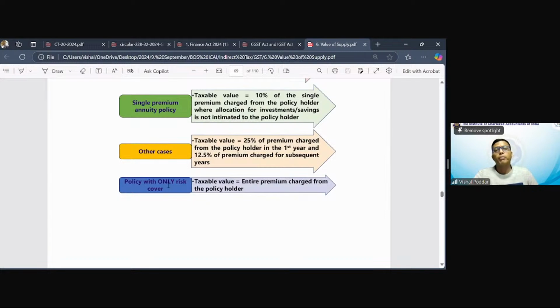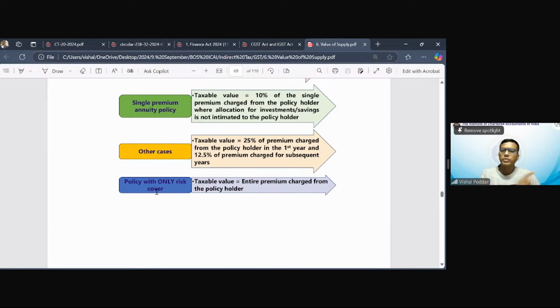And where the policy is only risk cover, which is also called a term plan. This type of life insurance is where you have taken, say, a 10 year insurance. Every year, how much premium are they charging? 11, 12,000, not 1 lakh. Now they are charging only 11, 12,000. And the policy says, if anything happens to you in these 10 years, I'll pay you 15 lakhs.